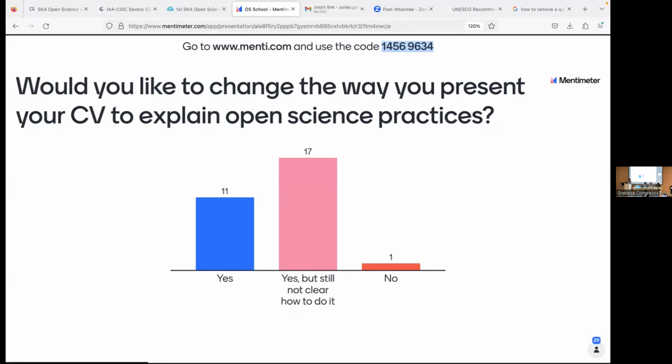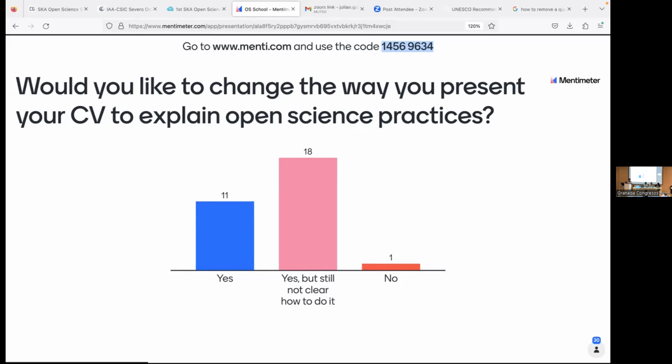Okay, so I see a lot of people that still don't know very well how to do it, and I would say that this is not strange. It's not easy because, for example, many CVs have templates, and many times there is no place for this. So sometimes you have to try to put some pieces of information here and there to describe this. But we also have to remember that with the research career assessment agreement, things are going to change.